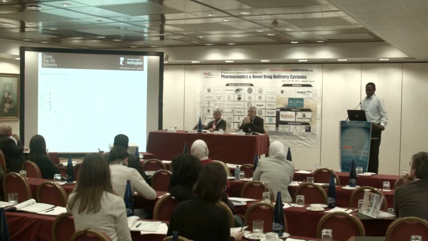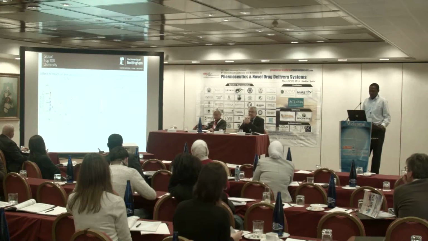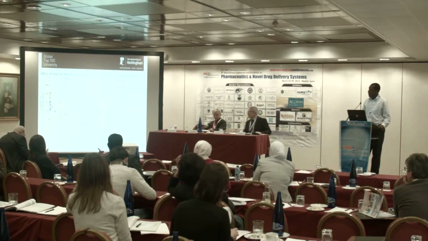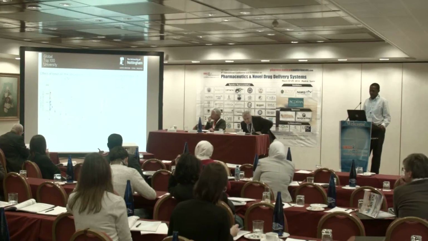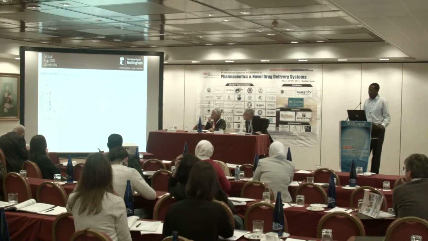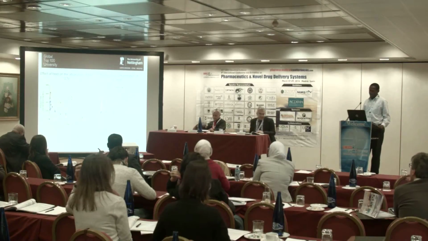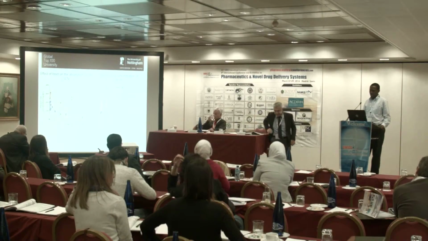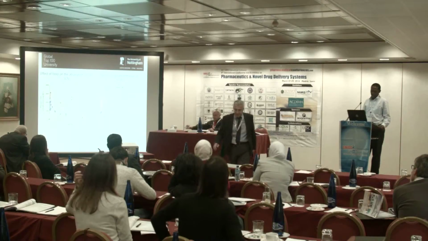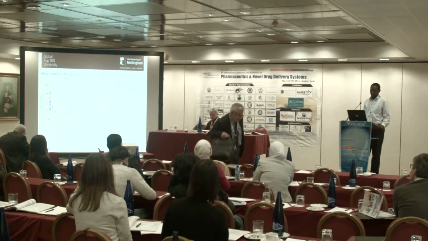These are actually graphs showing the effect of food on the absorption of paracetamol. The left graph is showing the profiles for the fasted and the fed states. The one on the left is paracetamol, and the one on the right is amphotericin B. I think the key thing I want to emphasize here is that in the case of paracetamol, you can see that there is a peak right about here.